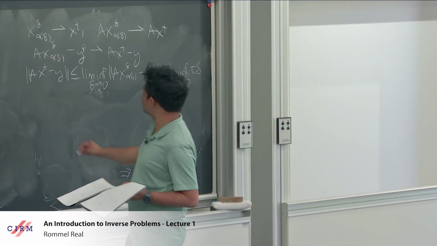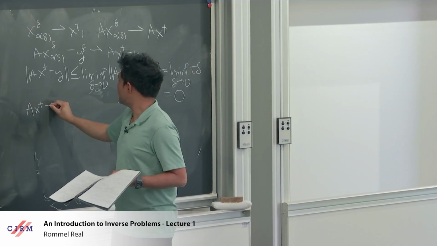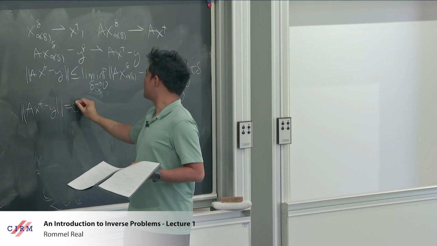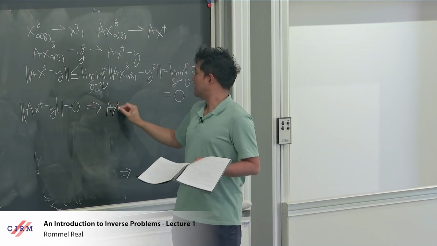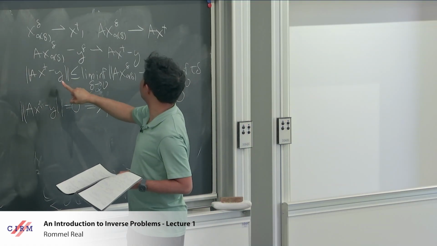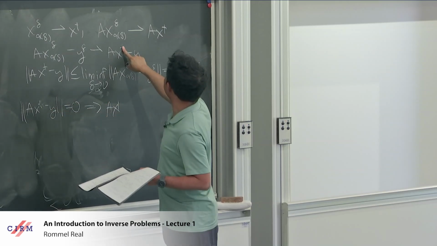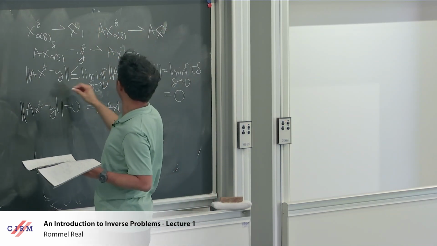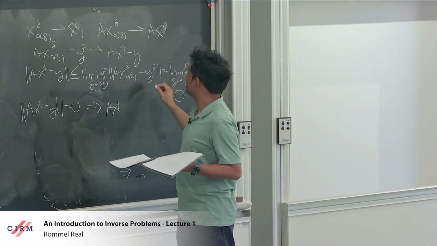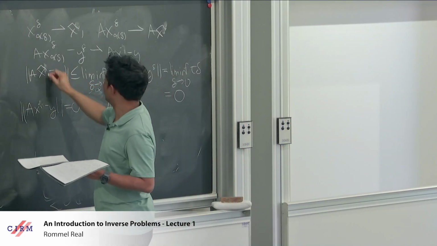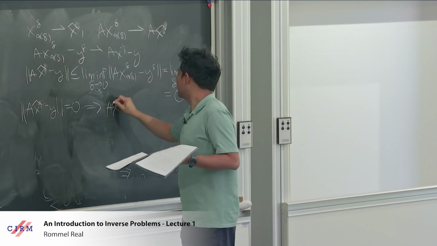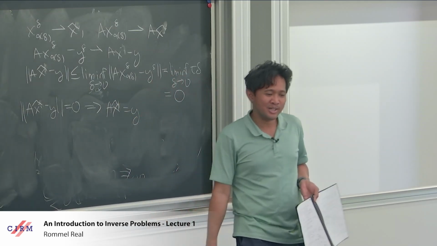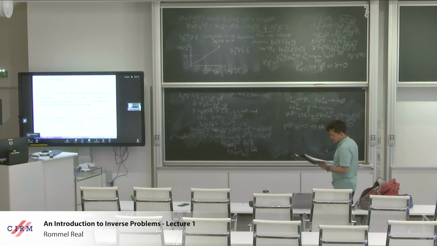That means that the norm of A x hat minus y must be equal to 0. In other words, A times x hat is y. That means x hat is a solution of the linear system.